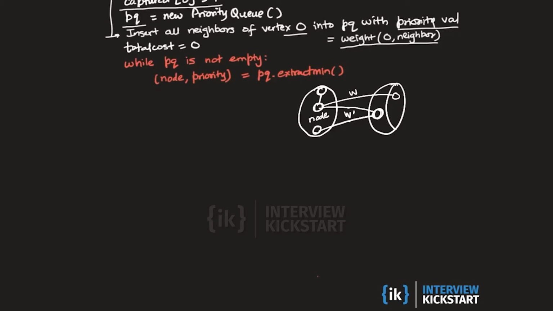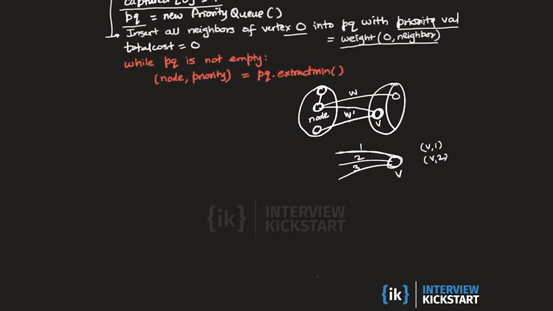So suppose this is, let's say, vertex V. If we had, let's say, 3 edges coming into it from the left side with weights, let's say, 1, 2 and 3, every time we see an edge going into V, we would insert a copy of V with the priority value into the priority queue.